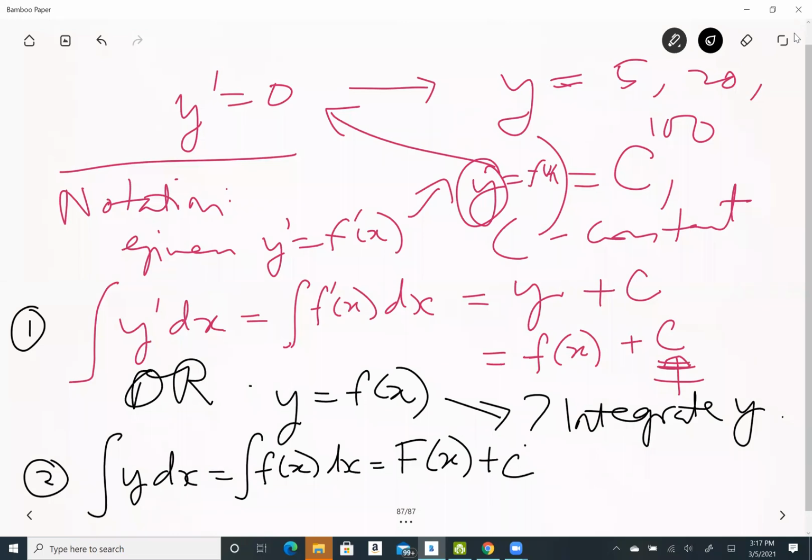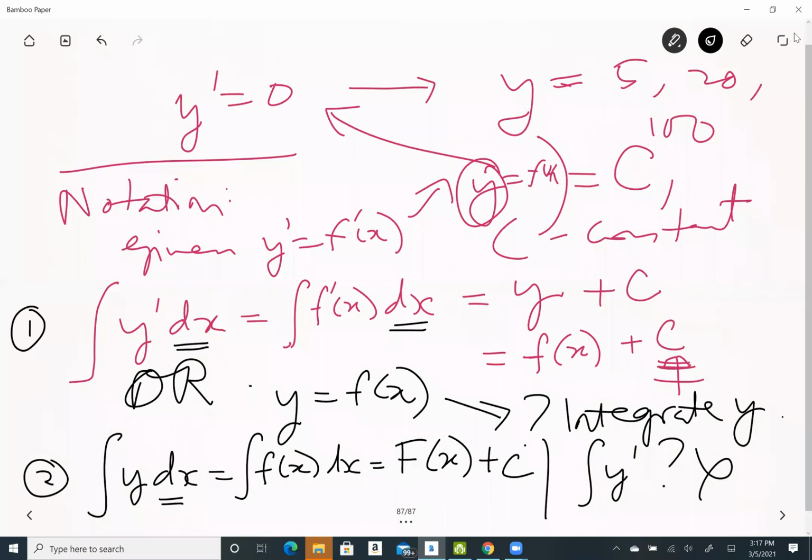But don't forget the dx. Okay, the dx goes with the integral sign symbol. If you do this, the integral of y prime, that doesn't mean anything. That is wrong. To complete the notation, we need to have the dx. All right, dx here.